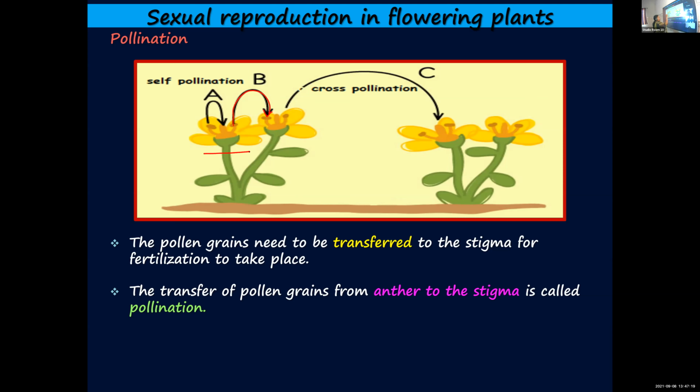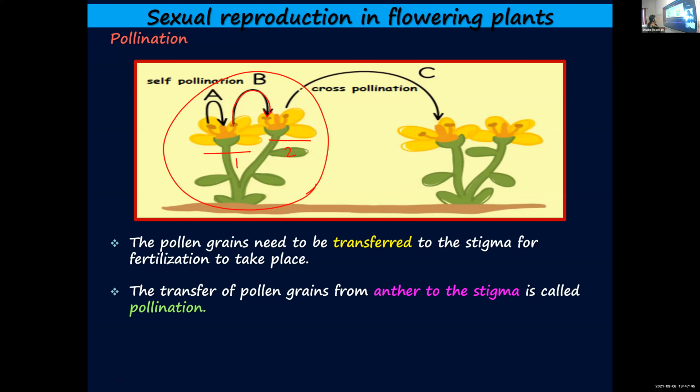This is flower 1, this is flower 2. So it is between two flowers, but both flowers belong to the same plant. I'll say once again, it should be transferred either to the stigma of the same flower or to another flower of the same plant. If you see the figure, you can understand it better.